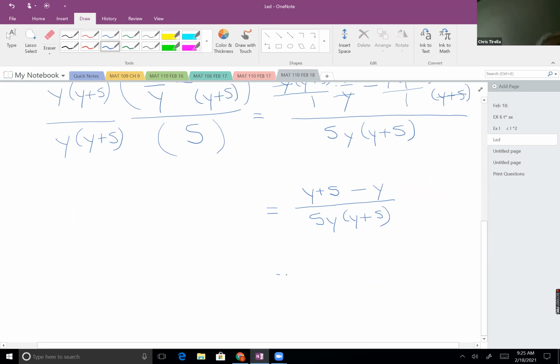Now when I simplify, y minus y, that just leaves me with 5 over 5y times y plus 5. And does everybody see that 5 is a common factor? So I'm left with 1 over y times y plus 5.